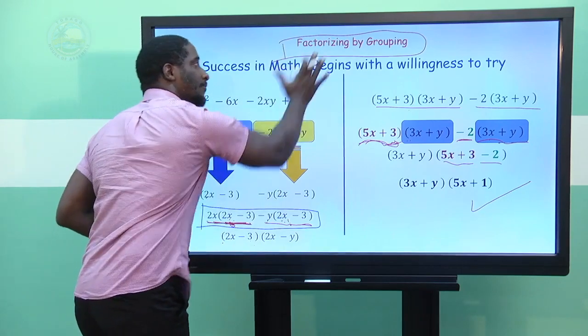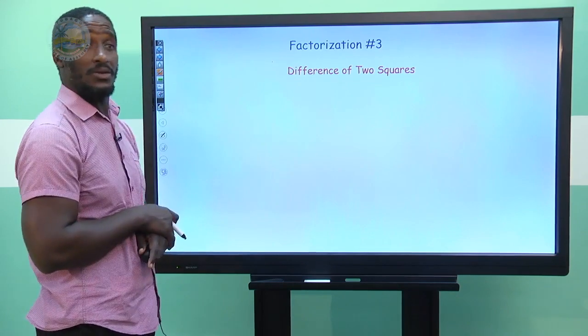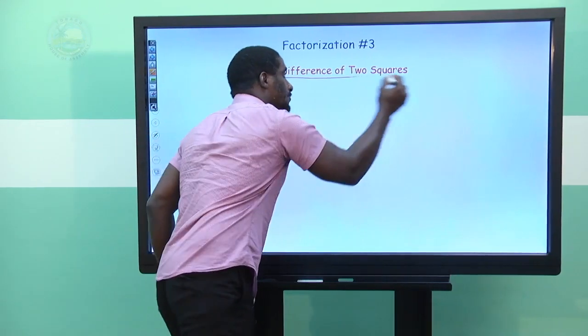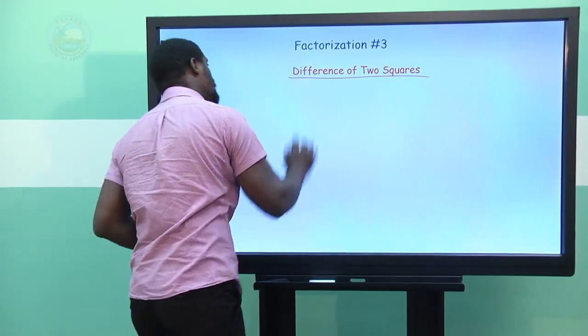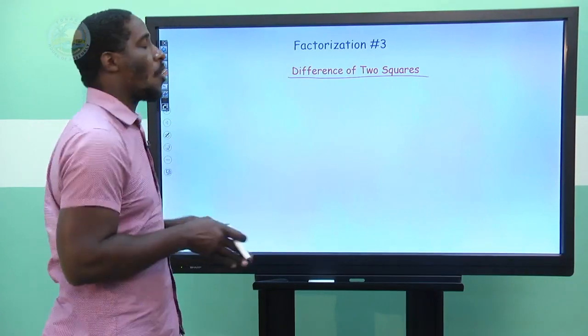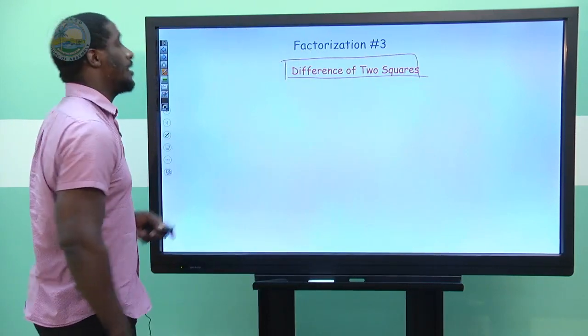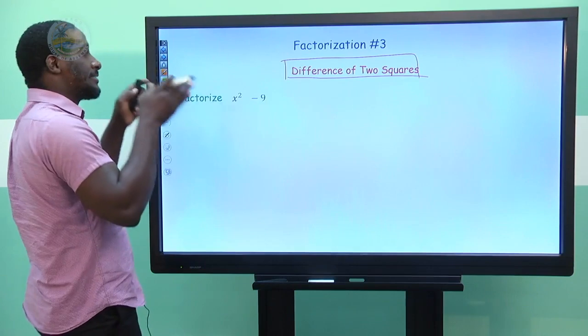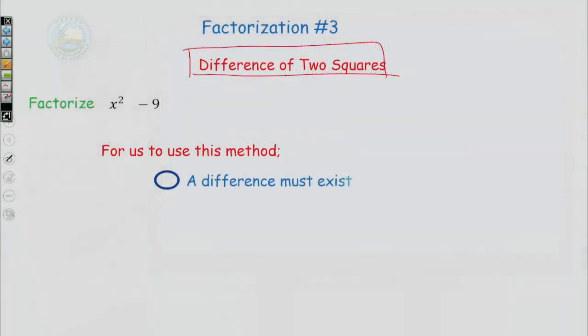So we looked at factorizing by grouping. The next method of factorization that we want to look at is utilizing differences of two squares. Now, let's explore this word here, differences of two squares. For us to use this method, a difference must exist.